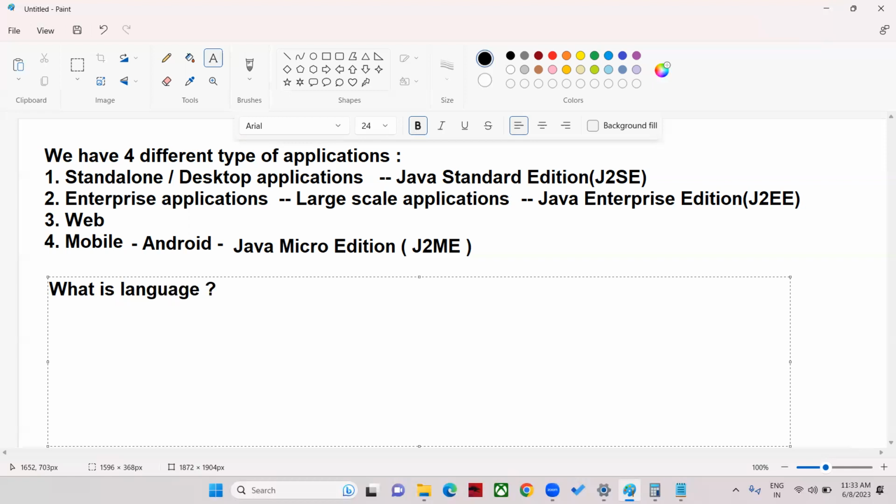People's communication, a medium of communication. Okay, the medium between humans is called language. Programming language means... why do we use programming languages to build applications? What do these applications do? Basically, they reduce our manual work. Okay.